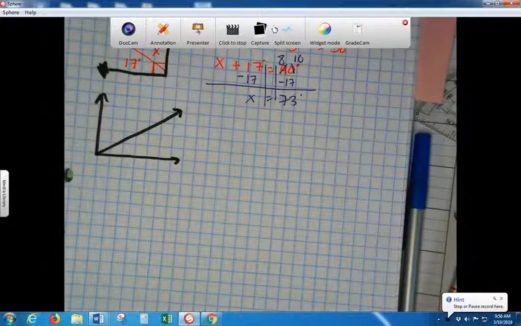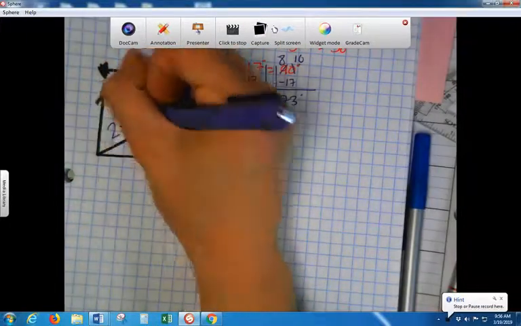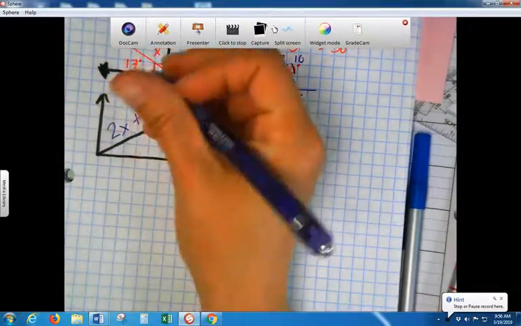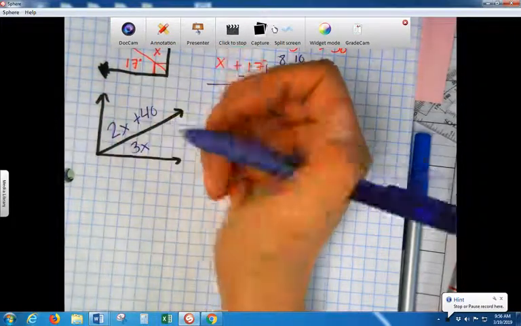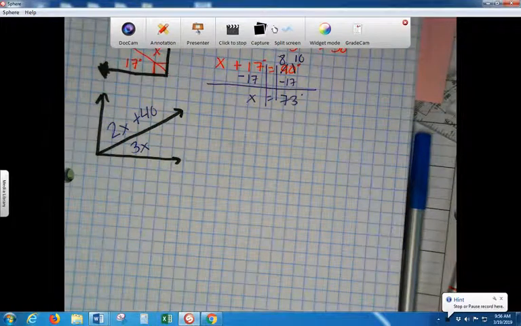All right. Let's say this is 2x plus 40, and this is 3x. Okay, what are you going to do with that?